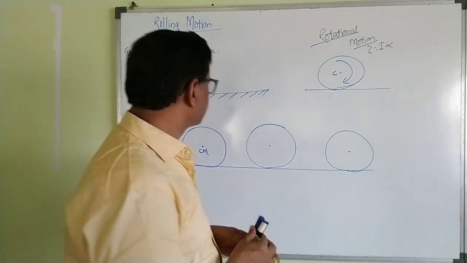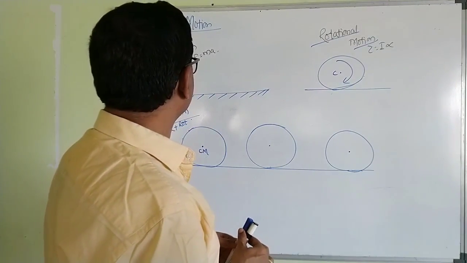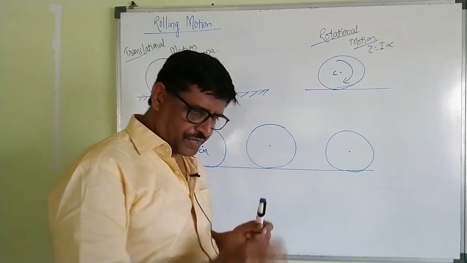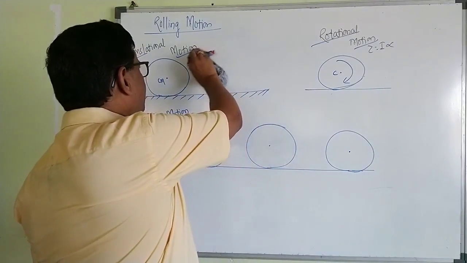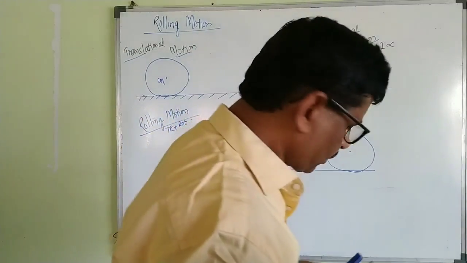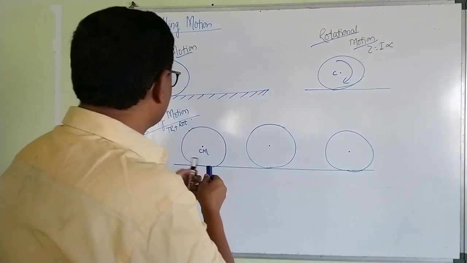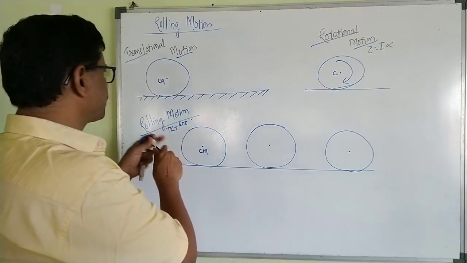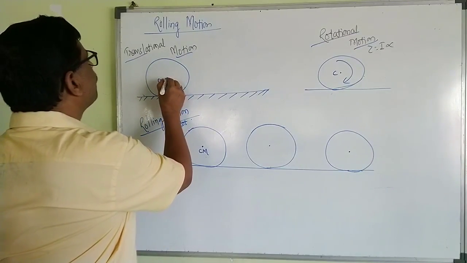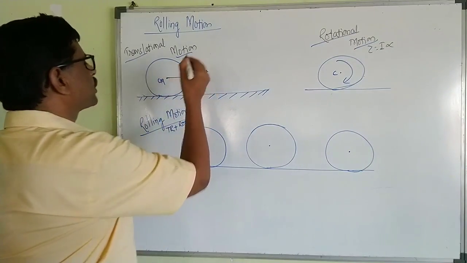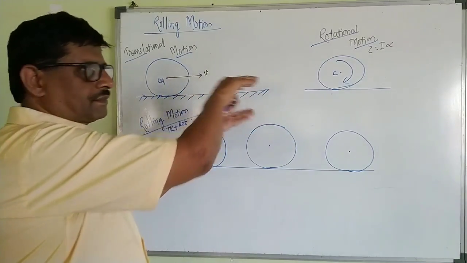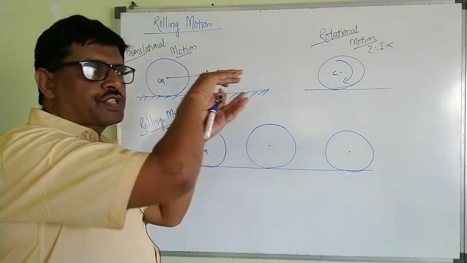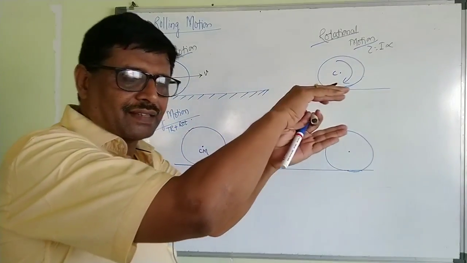If the object is not applied with any external force and it is moving with constant velocity v, then the velocity of the center of mass is v. V is the velocity of the center of mass of this moving object. The object moves along a straight line.